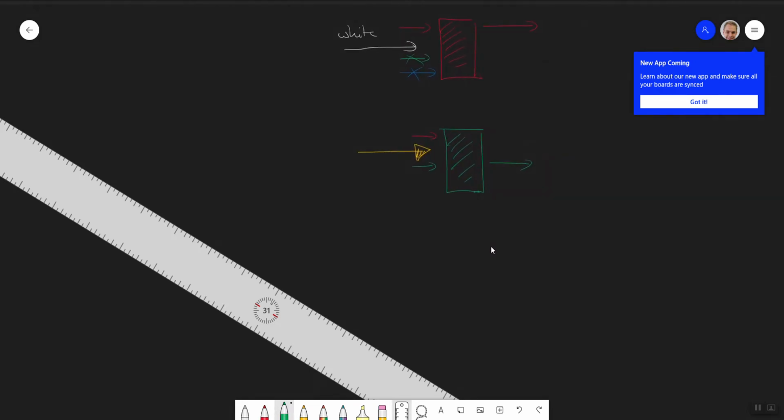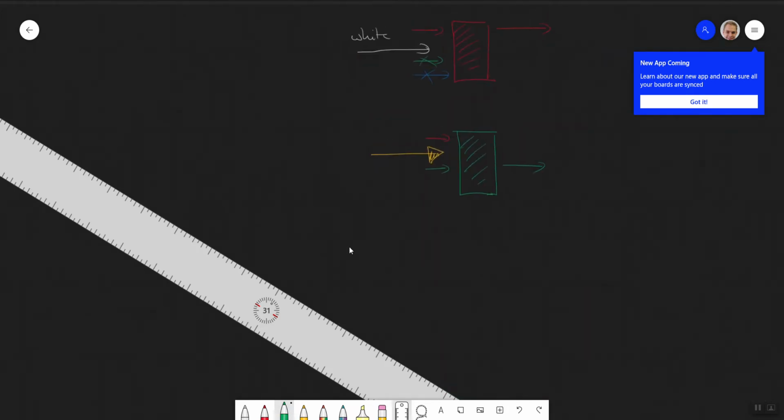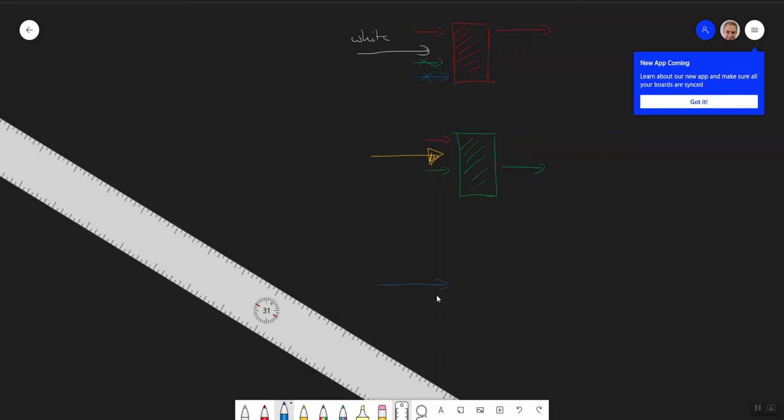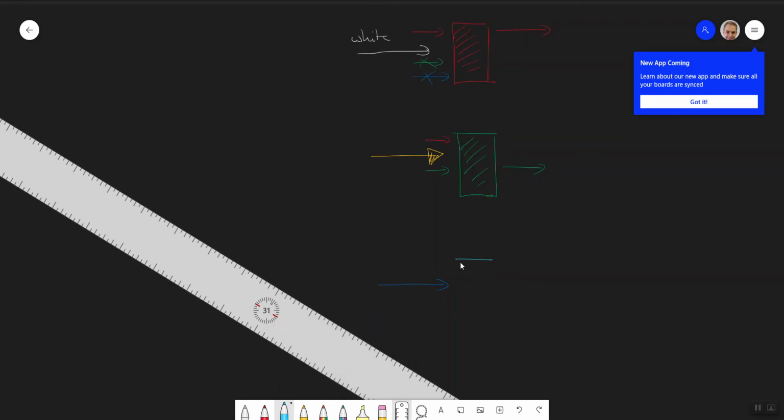The secondary filters work exactly the same way. It's just they're letting through two colors of light. So let's say I have some blue light, and let's say I've got a cyan filter.